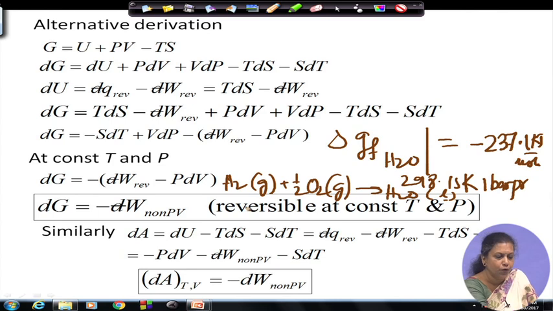So, from this forward reaction we can actually get 237.1 kilojoules of energy.